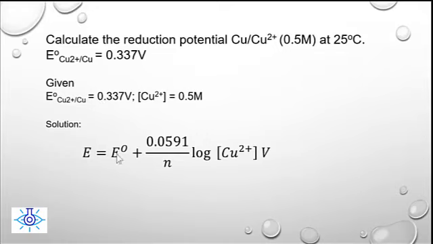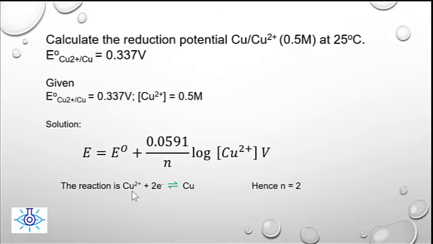We know the value of E0, 0.337. The concentration of Cu2+ is given as 0.5. And n is the number of electrons taking part in the reaction.